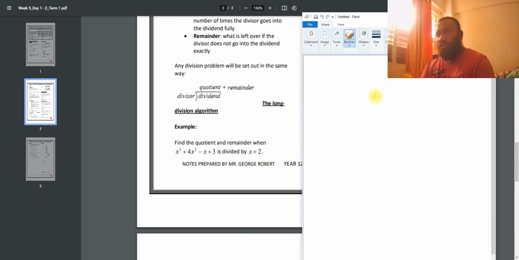To find the remainder of that, x plus 2 goes outside. And then you have your dividend, x cubed plus 4x squared, inside here.